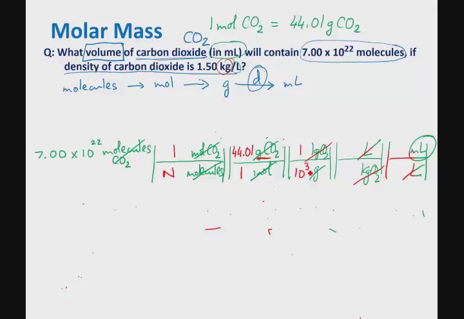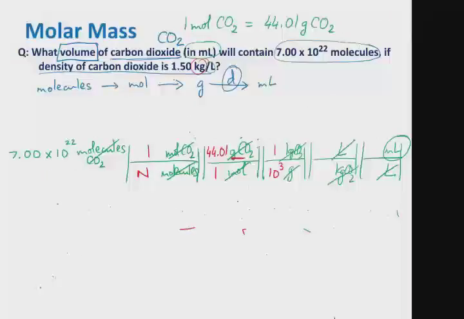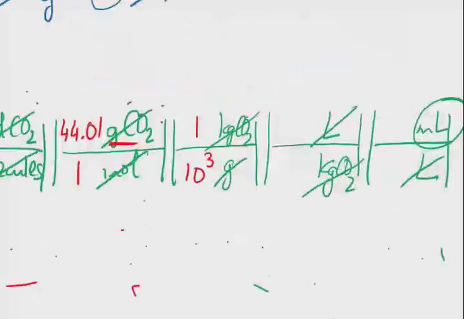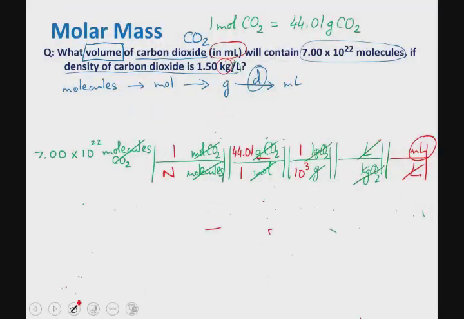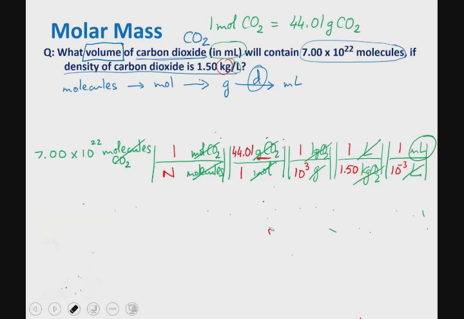We know from density that 1.50 kilograms of CO2 is 1 liter of CO2, and then we know 1 mL equals 10 raised to minus 3 liters.